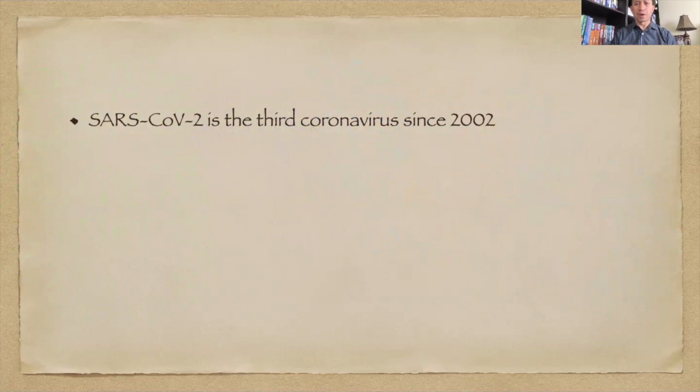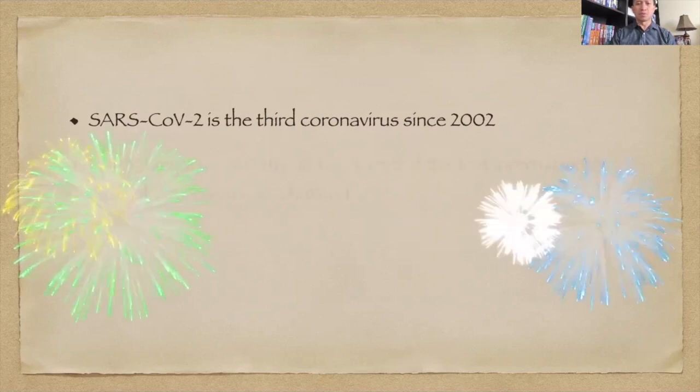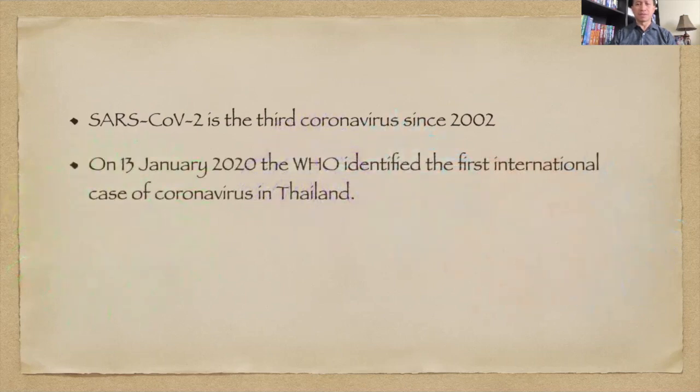And the third one of this type of virus is the present coronavirus, or COVID-19. It was discovered in Wuhan, China. Wuhan is located in Hubei province in China, and Wuhan is a big city. There are a lot of people, there's congestion, there are a lot of people everywhere.